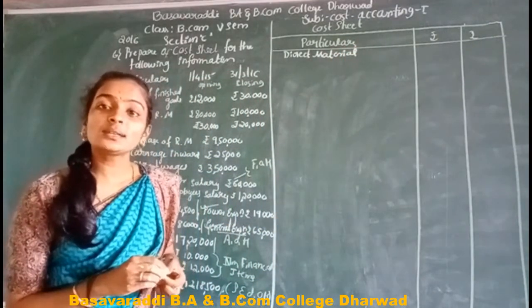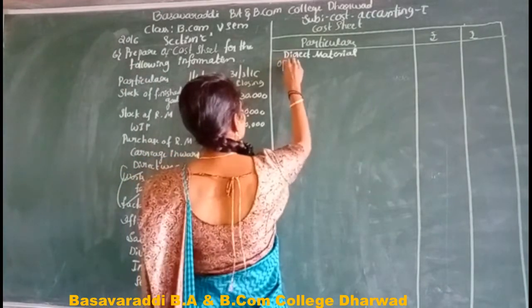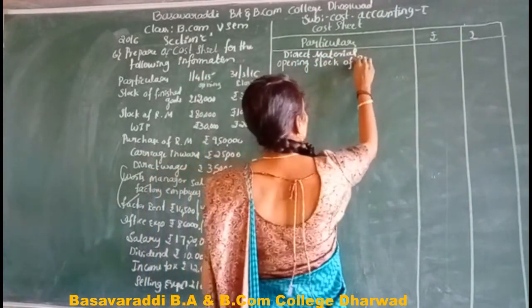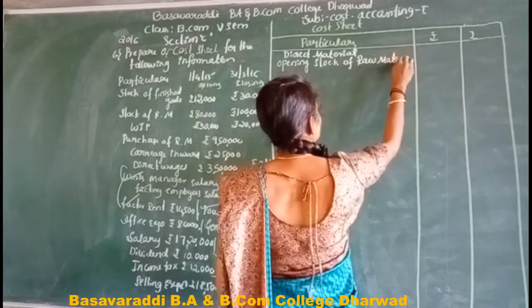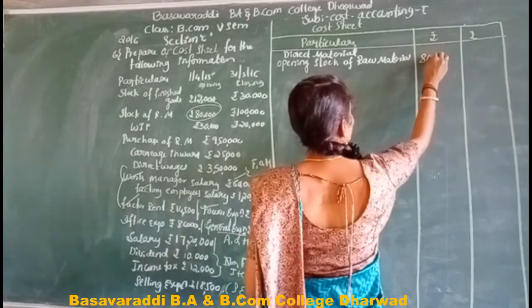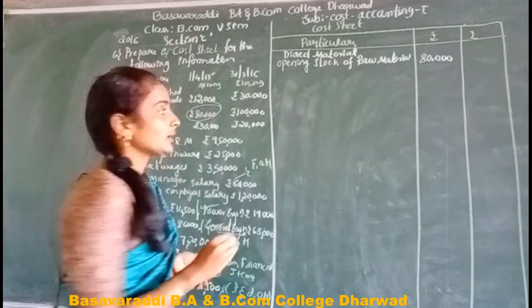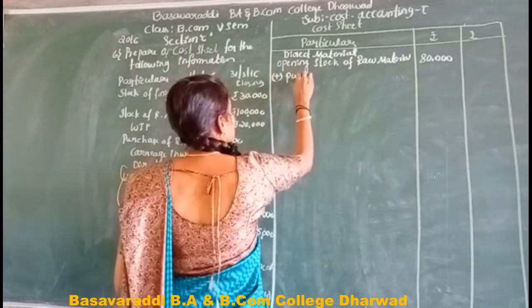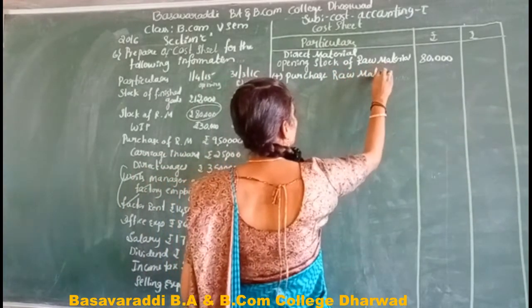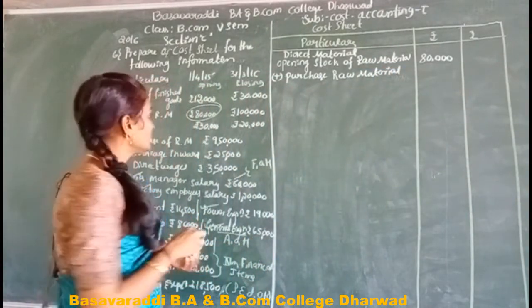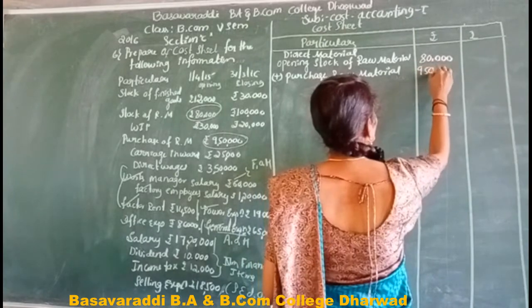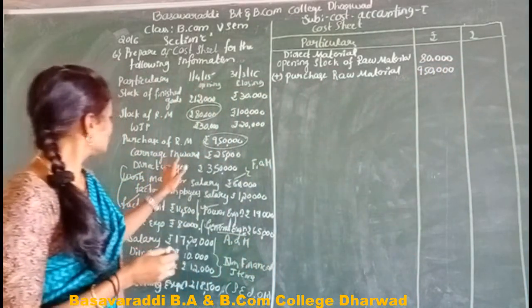In that, opening stock of raw material 80,000, and purchase of raw material 9,50,000.